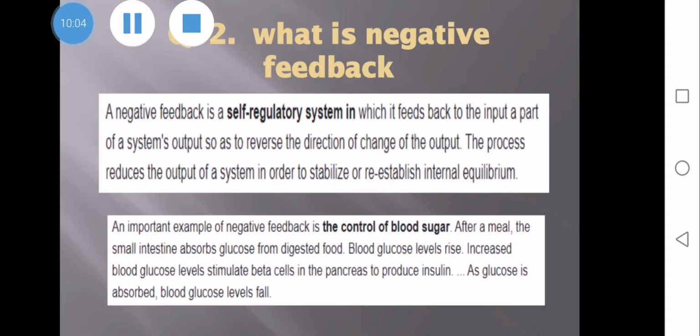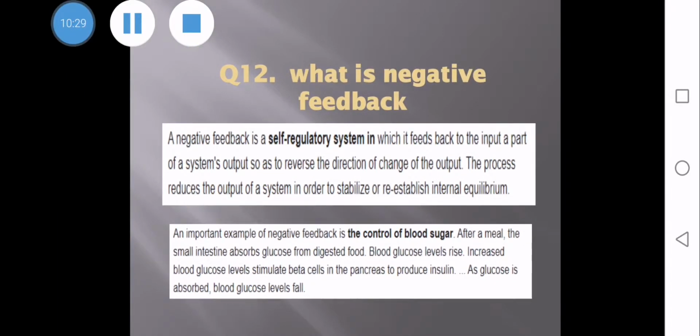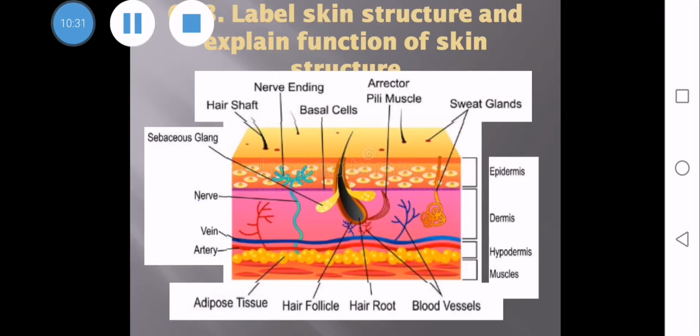Here you can see the example of blood glucose level: after a meal, the small intestine absorbs glucose from digested food and the blood glucose level rises. The increased blood glucose level stimulates the beta cells in the pancreas to produce insulin, and this production of insulin causes the glucose level to decrease, and the blood glucose level falls and returns to the normal level.